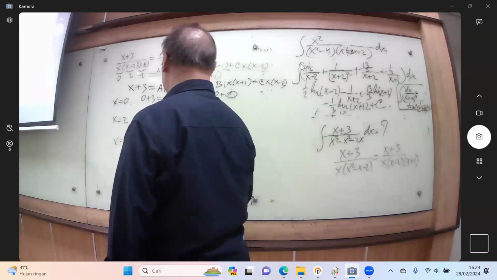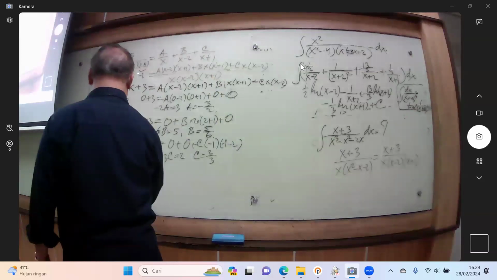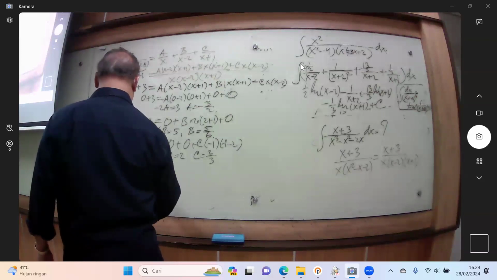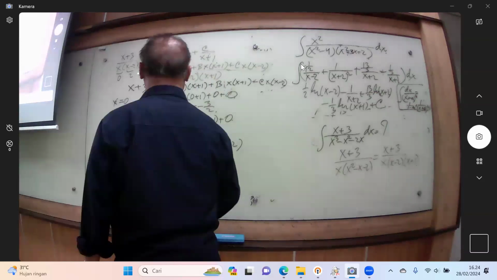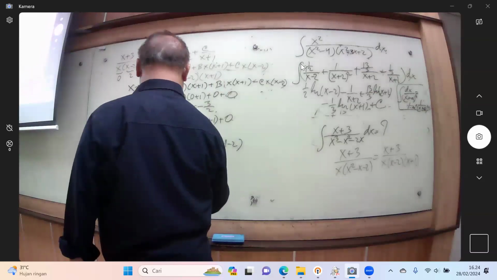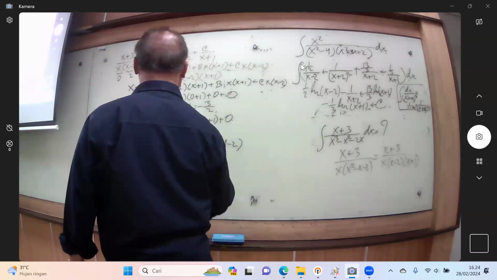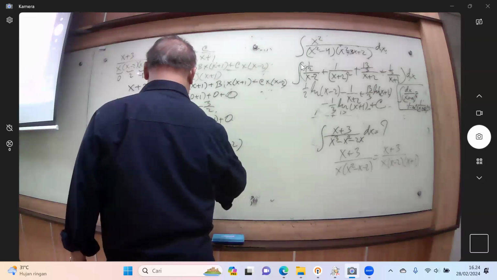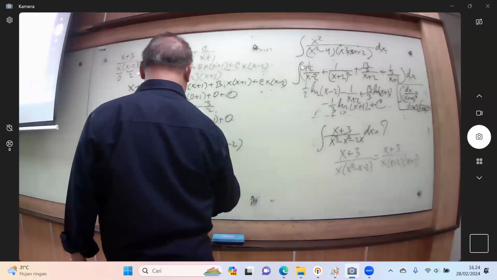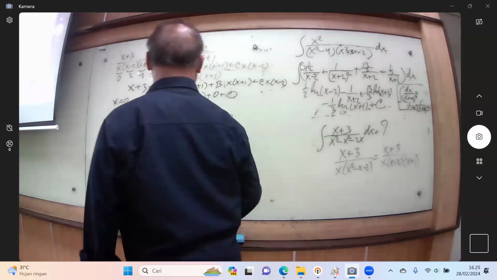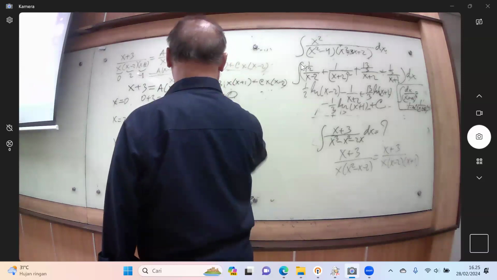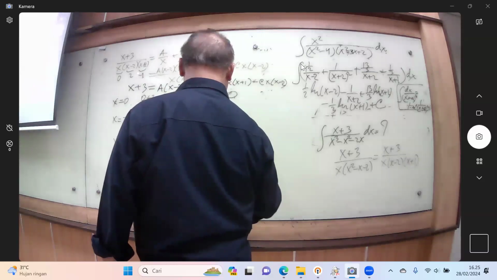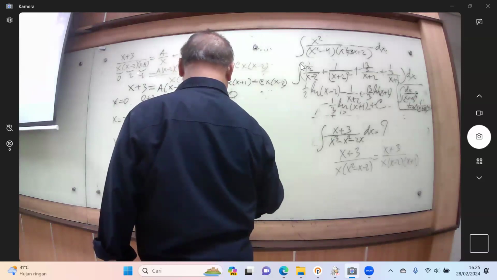So we have the integral of x plus 3 divided by x minus 2 times x plus 1 dx equals the integral of a, what is a, minus 3 divided by 2 divided by x, plus b is 5 over 6 divided by x minus 2, and plus c is 2 divided by 3 divided by x plus 1 dx.